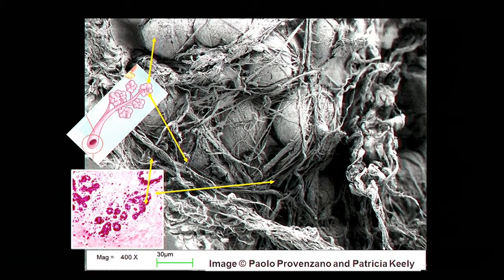Now, this is a different view of this. I love this image because it really gets you thinking about the fact that this is three-dimensional. So this is a scanning electron micrograph that one of my former postdocs took. Each one of these big balls is a single mammary epithelial cell in one of these structures. And then these ropes and fibers are the collagen surrounding this structure.